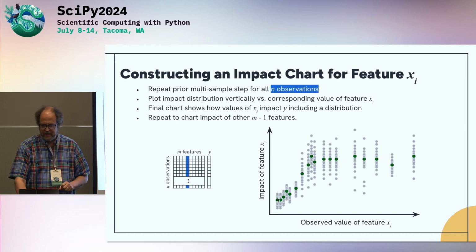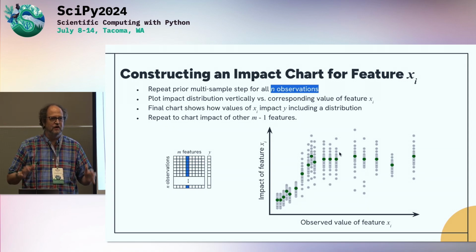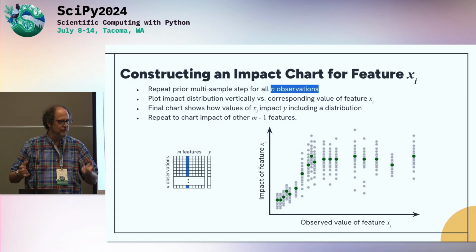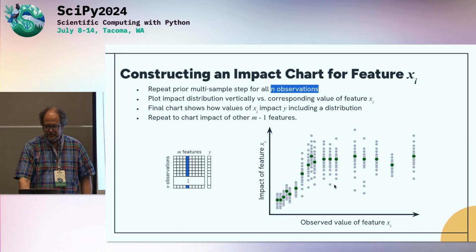And so what I get here is a bunch of these green dots, the ensemble's overall estimate of what the impact was, but I also get a nice representation of the distribution and the variance around it. So here I see for low values of this x, as x increases, y tends to be driven upward, and the bounds are pretty tight around that.